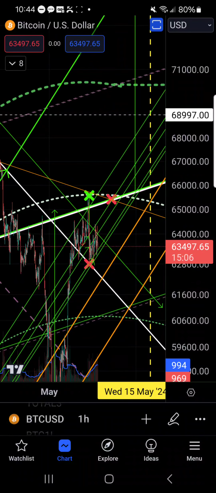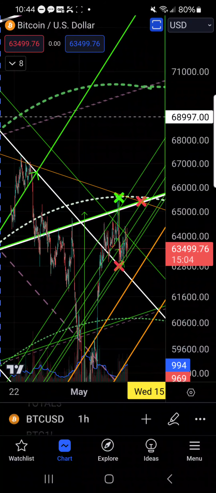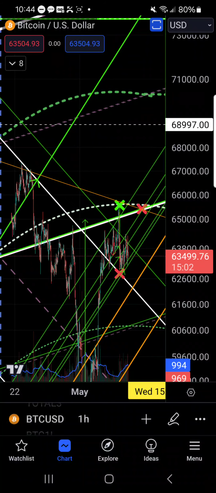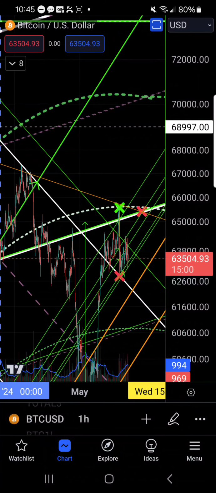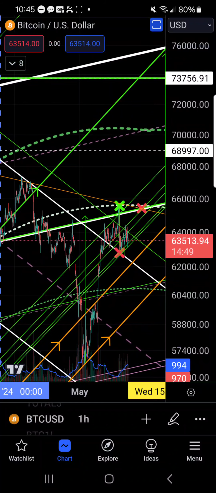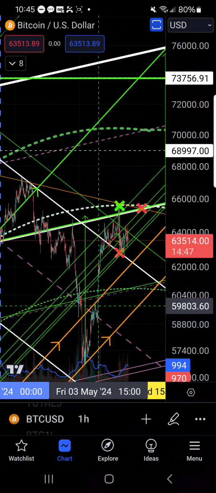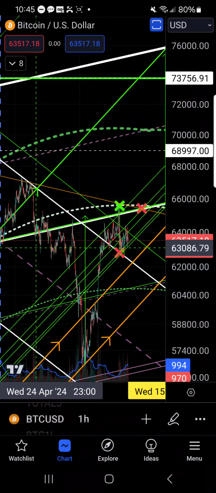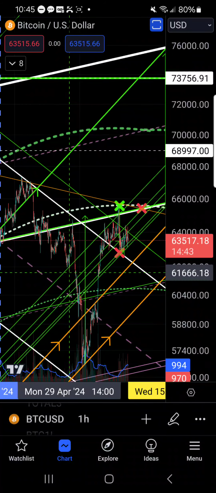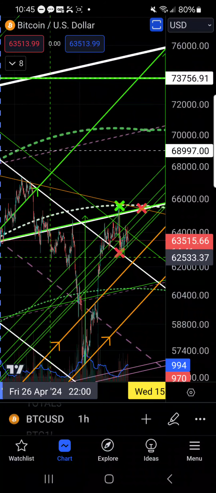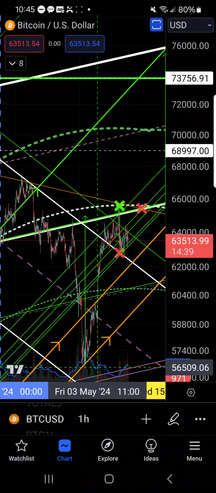Now, that wouldn't necessarily be forming any patterns. I discussed a head and shoulders, inverse head and shoulders pattern, with a head here, a shoulder here, and a big head here.